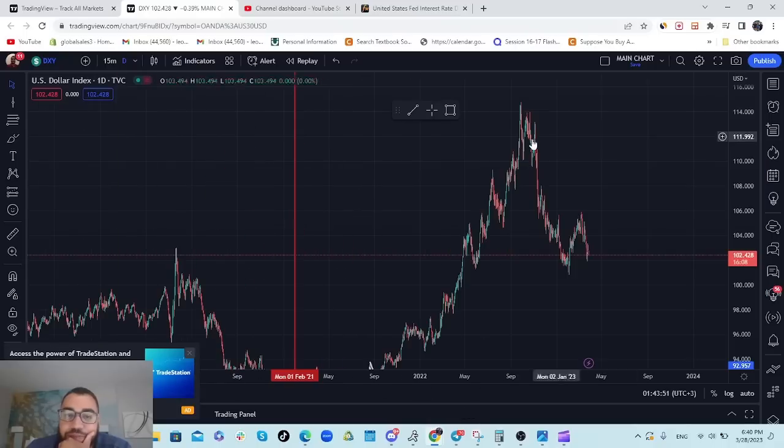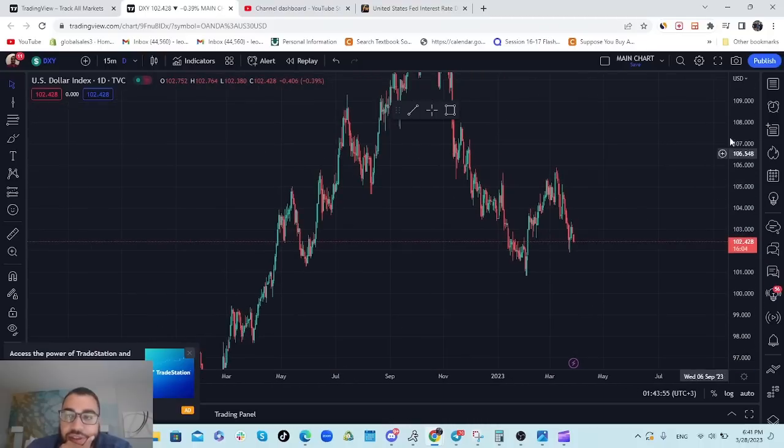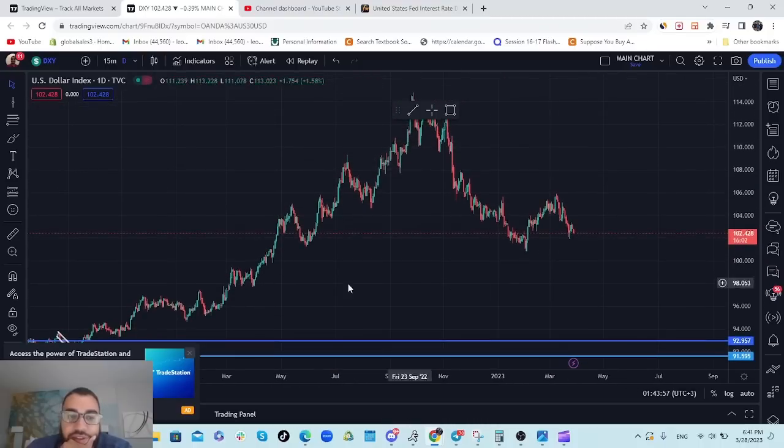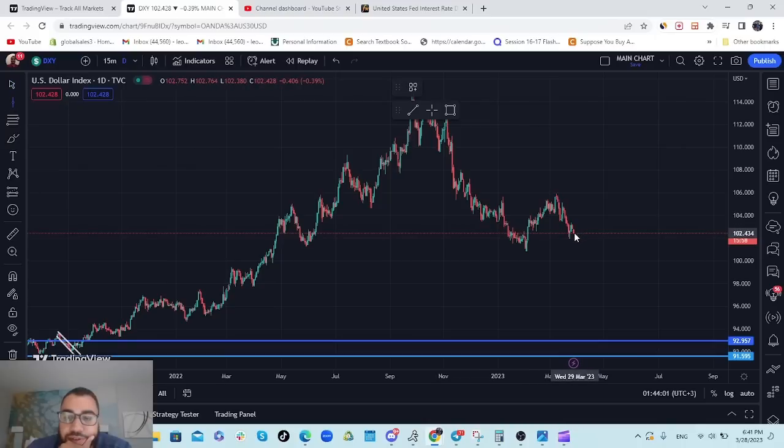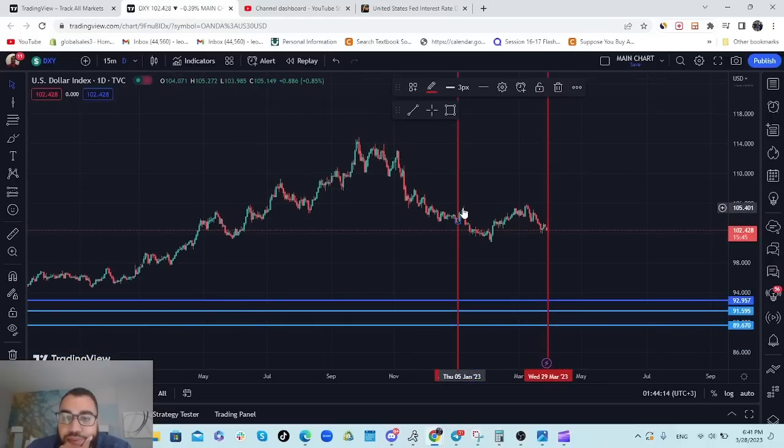US dollar, as of the 29th. I'm gonna mark the beginning of the year right there. Mark the beginning of the year, and then just look, because we were at 105 at the beginning of the year.